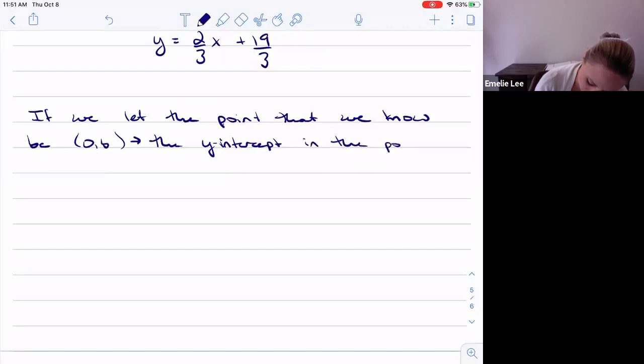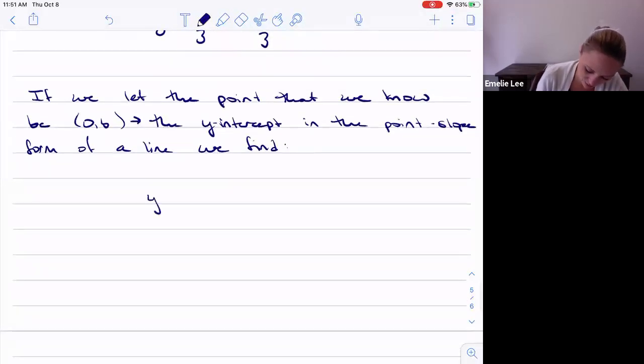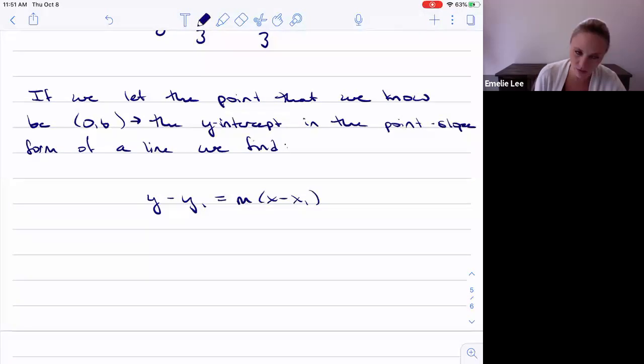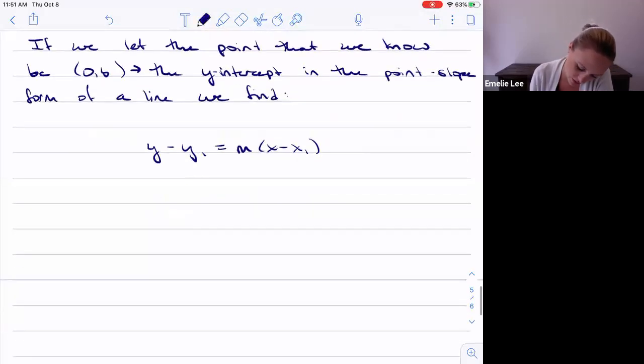In the point slope form of a line, we find that y minus y1 equals m times x minus x1. Well, now my y1 is b and my x1 is 0, right? And so I get y minus b is m times x minus 0.